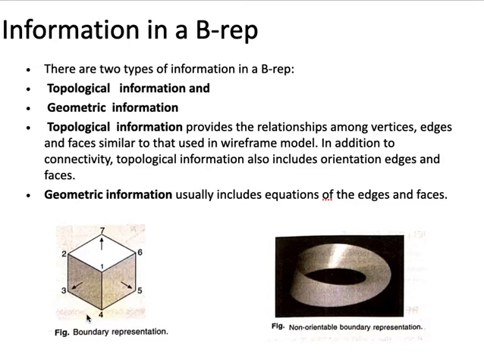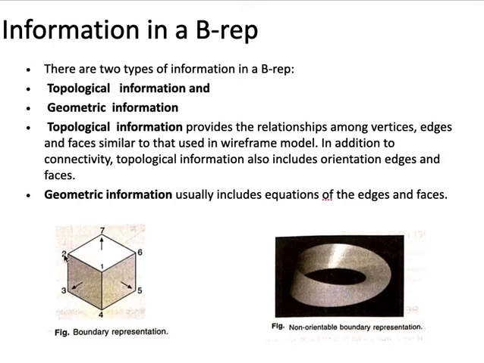If you see this figure, three faces and their outward pointing normal vectors. In order to describe the top surface, the vertices should be 6, 7, 2, 1, or 7, 2, 1, 6, or 2, 1, 6, 7, or 1, 6, 7, 2.